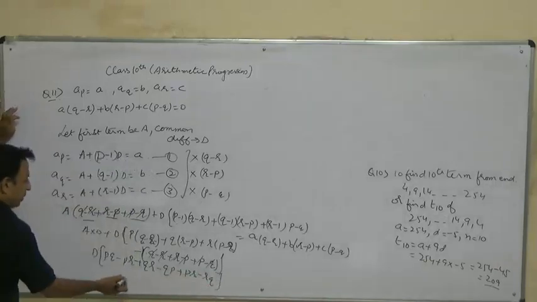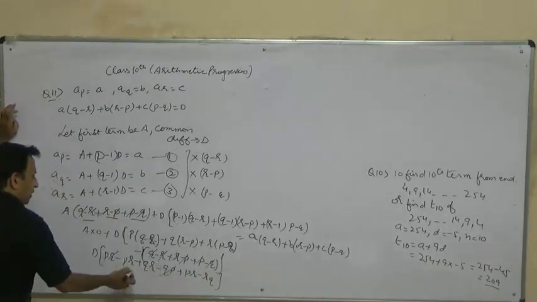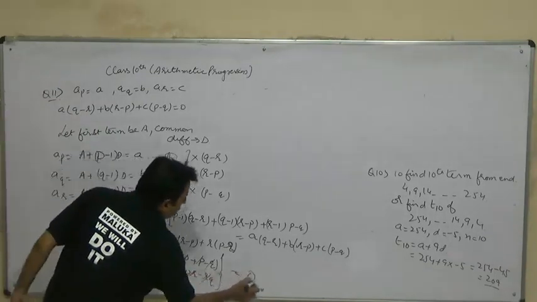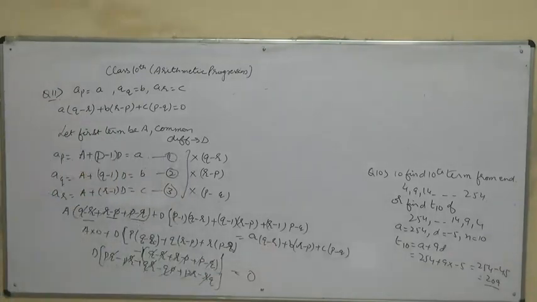You can check pq, qp cancels out, pr cancels out, qr. So this is equal to 0. So this we wanted to show, that the left hand side is 0 and the right hand side is also what we wanted to get.